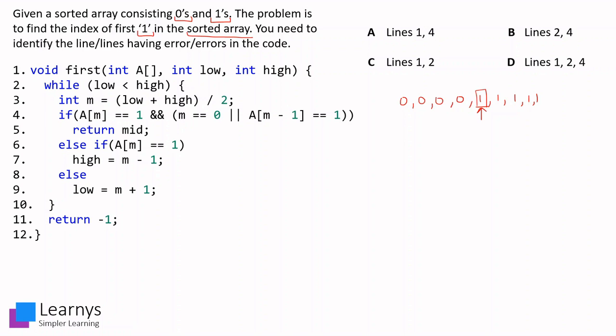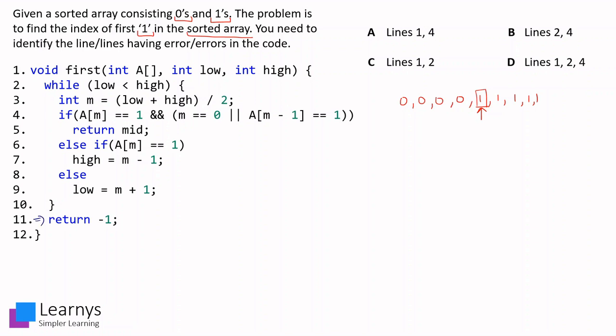Let us first check for syntax errors. So in line number 1, we see a function of void return type and a few parameters. Everything seems okay. In line number 2, we can see that there is a while loop, followed by a few statements of declaration, if statements, the semicolons are in place, and at last we encounter that there is a return statement returning -1.